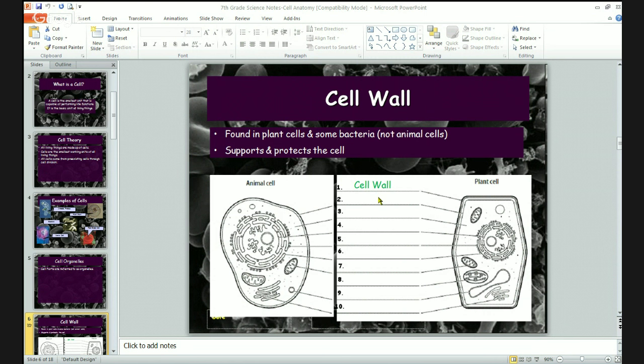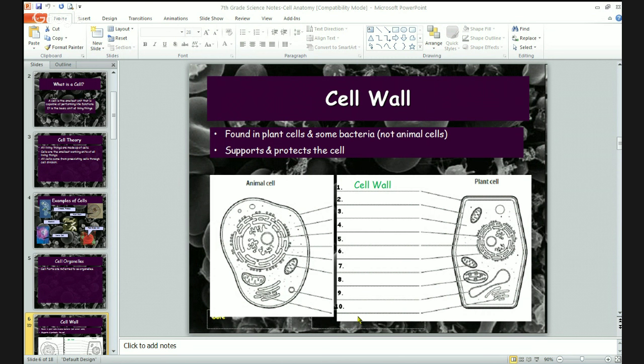The number one here is the cell wall. This is in green because it's only found in plant cells. It's only over here on the right side. There's no number one on the animal cell here on the left.